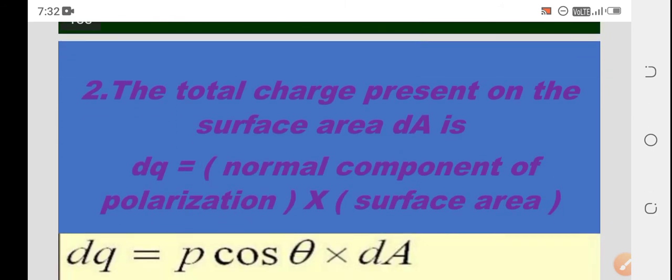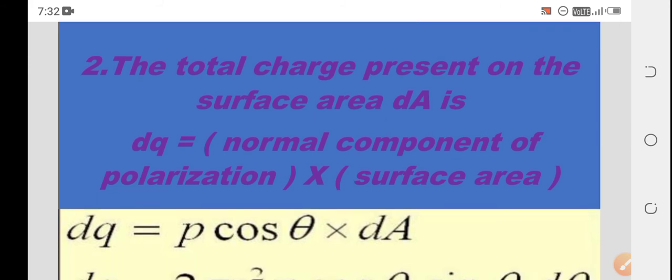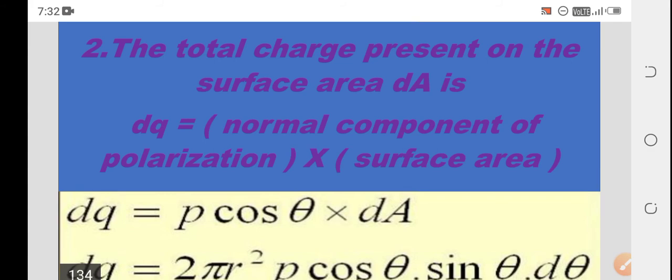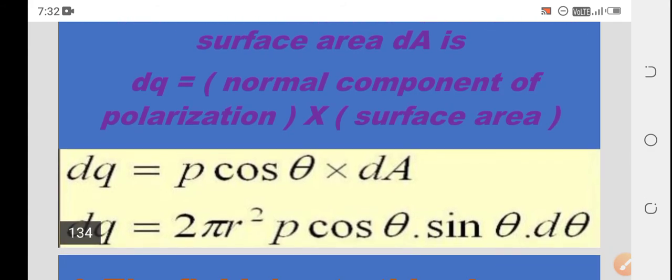The total charge present on the surface area dA is dq, the normal component of polarization times the surface area. Therefore dq equals P cos theta into dA, which is 2 pi r square P cos theta sin theta d theta.